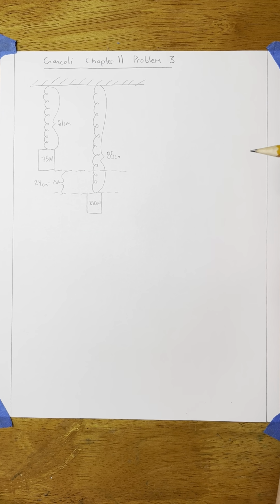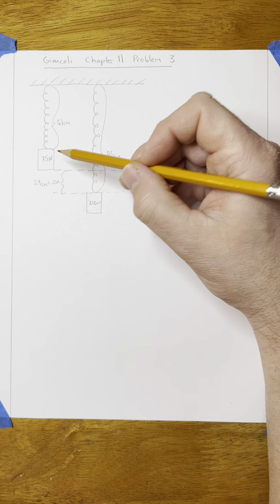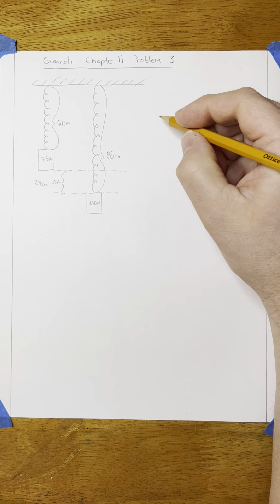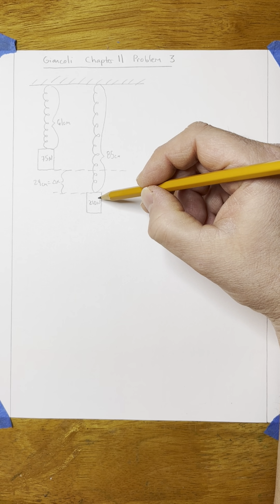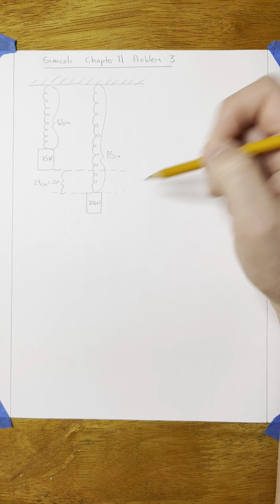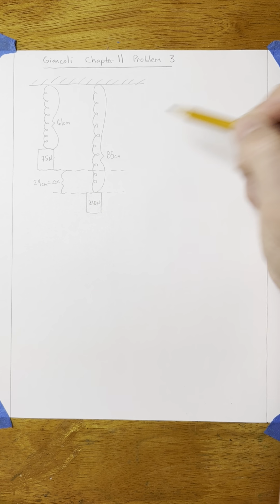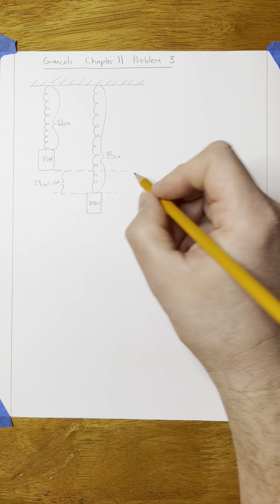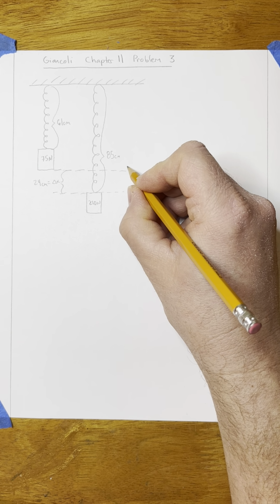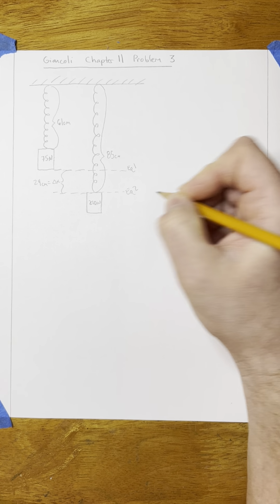There's a couple of ways you can attack this problem, but the way I'm going to think about it is as if we started with 75 newtons, and then we add enough weight to produce a force of 210 newtons on the spring to get this additional 24 centimeters. It's okay that we don't know the initial length of the spring. We can consider this to be equilibrium position 1, and this is equilibrium position 2.